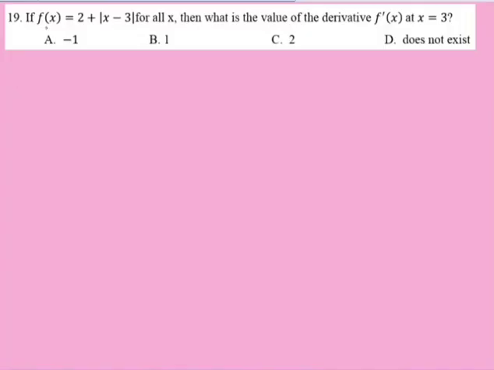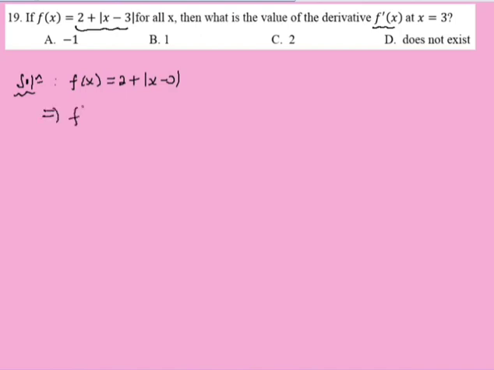If f of x is 2 plus absolute value of x minus 3 for all x, then what is the value of the derivative of f at x equals 3? Here, let's see what the derivative of the given function looks like. F of x is 2 plus absolute value of x minus 3.